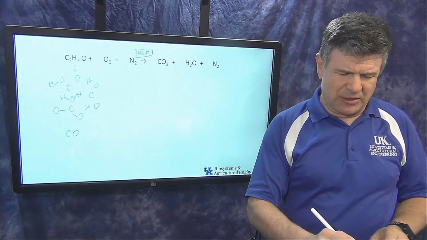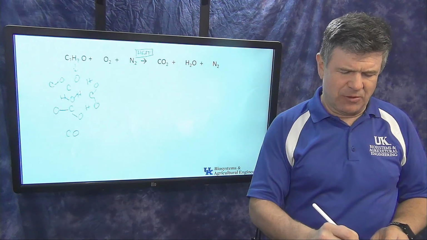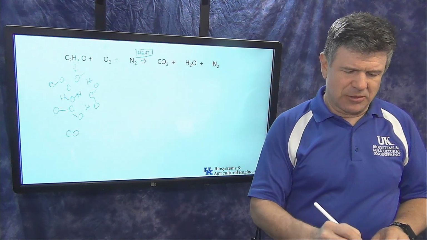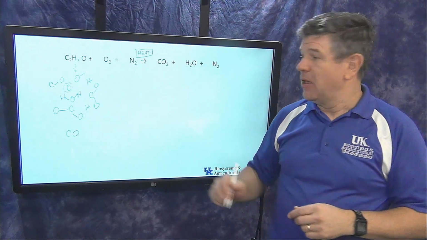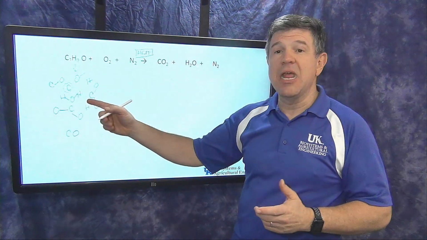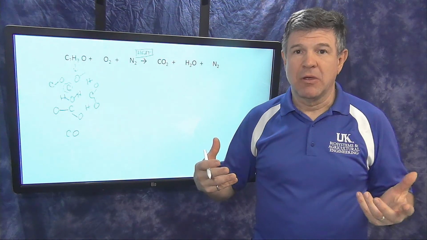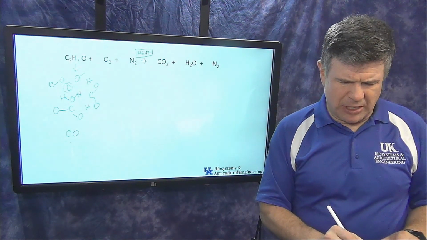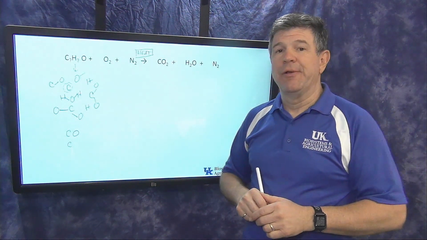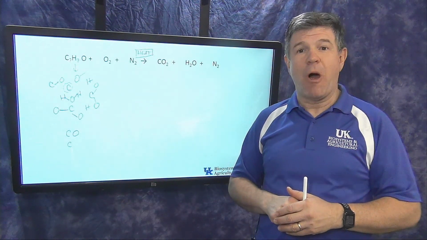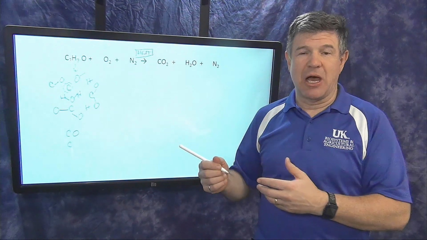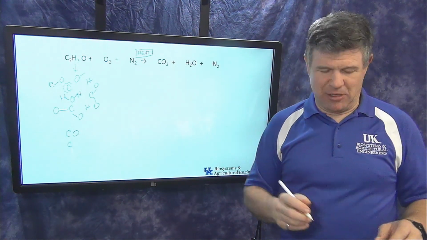So maybe I've got this carbon over here. He grabbed two of those, and maybe there's something else to grab that oxygen. Well, there's a carbon sitting right in the middle here, and that carbon couldn't find anybody to combine with. And so that carbon just goes out all by himself. So there's a carbon. What do we call carbon? If carbon just comes out, that's that black soot that we see coming out.